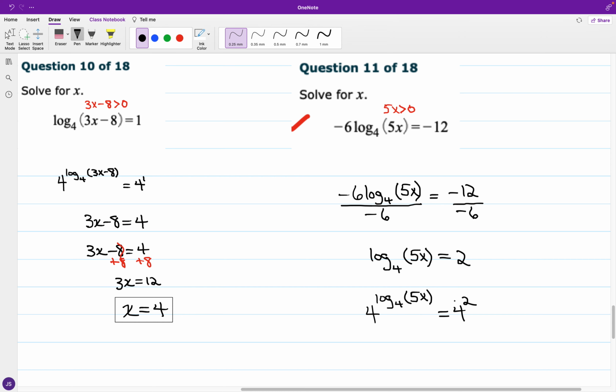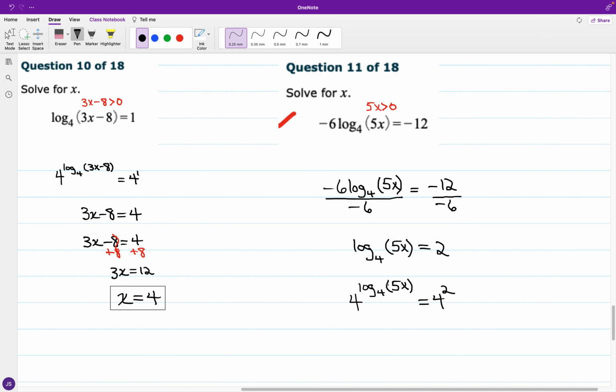So we apply our second logarithmic property. On the left-hand side, with base 4, the exponential and logarithmic cancel, so we have 5x.